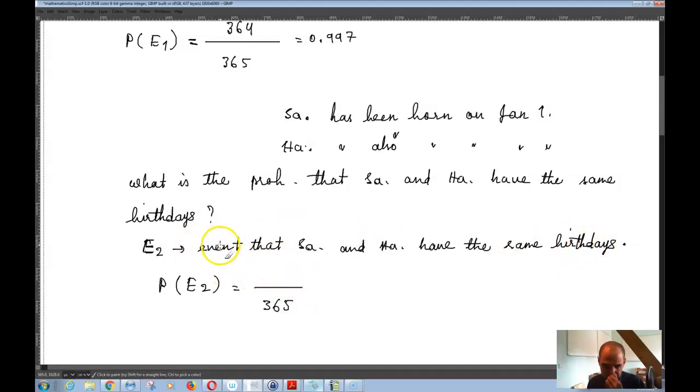So now the event is that the two persons have the same birthdays. That means that if Savita has been born on January 1st, for example, then Hamida must have been born on the exact same day.